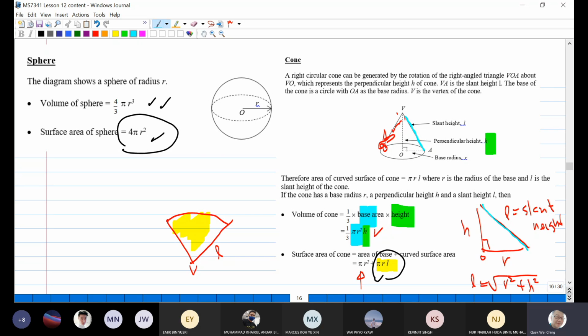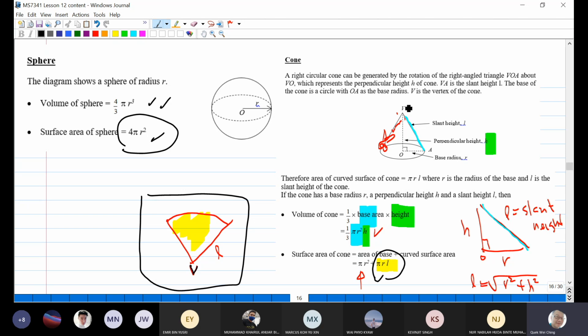So why do we want to find the slant height? Because if you open up the curved part, the sector, you get something like this. V is a vertex, a corner here.